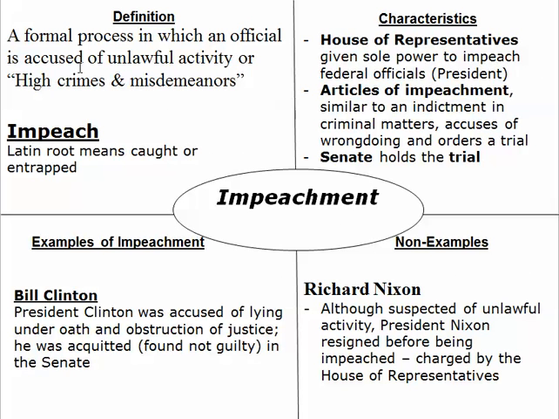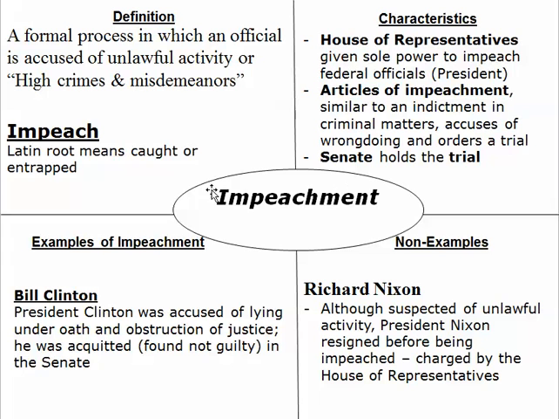Well, the definition is that it's a formal process in which an official is accused of unlawful activity or high crimes and misdemeanors. When our founding fathers were writing the Constitution in Philadelphia, Pennsylvania, they came up with this process of impeachment.